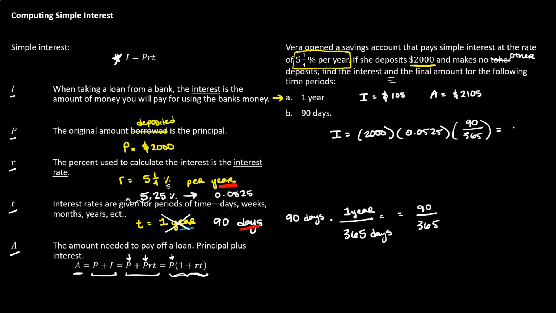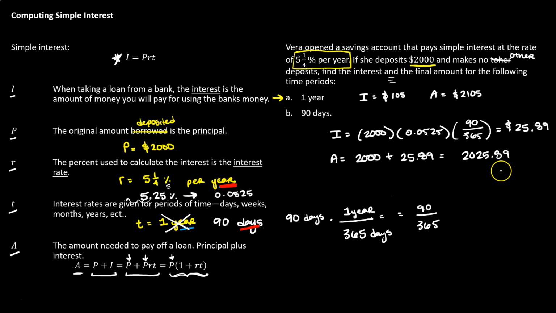My calculator tells me that the final interest is $25.89, rounded to the nearest cent. Now that we know the interest, we can find the final amount. That was the principal, $2,000, plus the interest we just found, $25.89. So the final amount here would be $2,025.89.